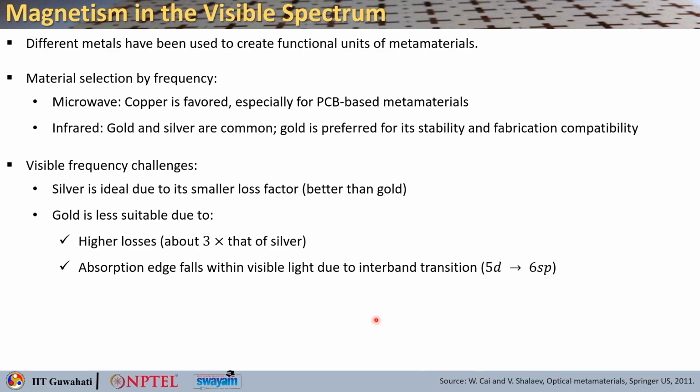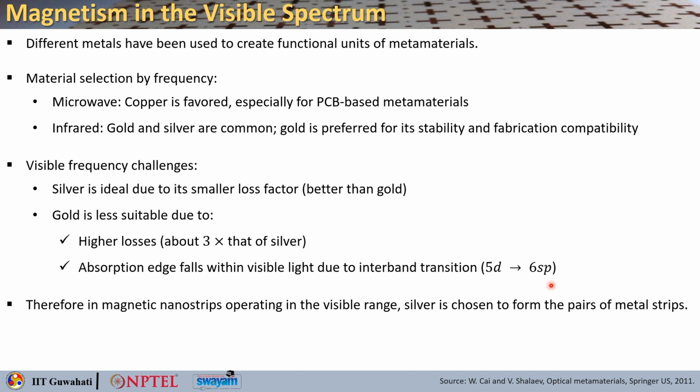Moreover, the absorption edge of gold due to the interband transition from 5D to 6SP falls within the visible range, which essentially rules it out as a material of choice for metamaterials at the visible frequencies. Therefore, whenever people tried making metallic nanostrips which are supposed to operate in the visible range, silver was the choice of material to form the pair of metal strips.